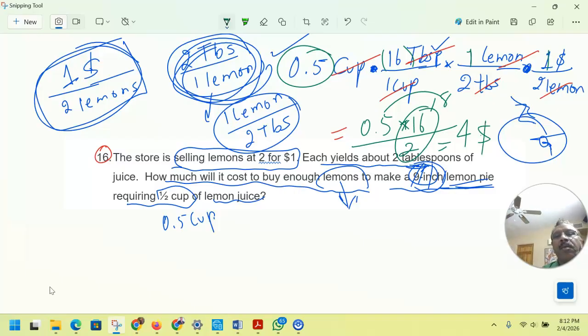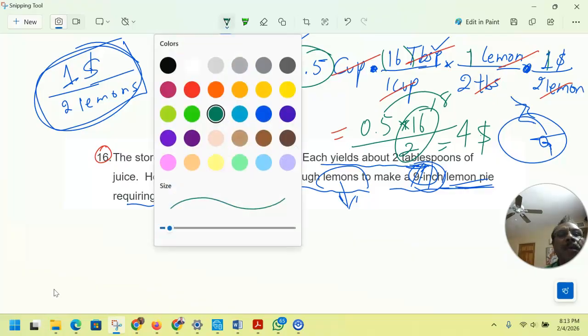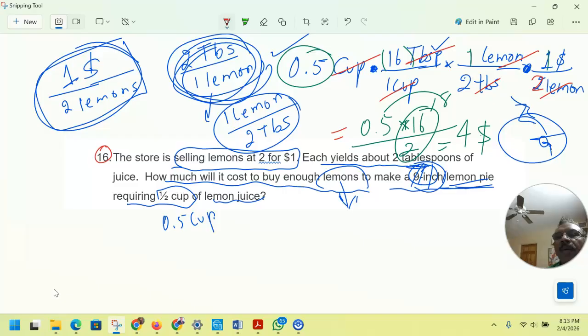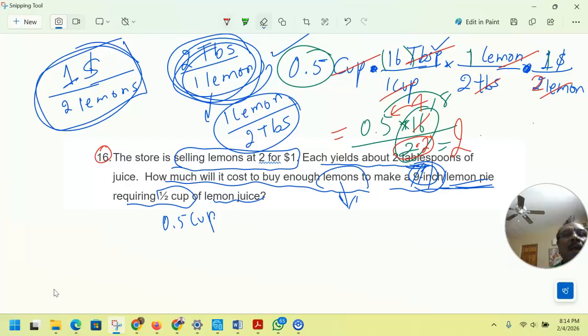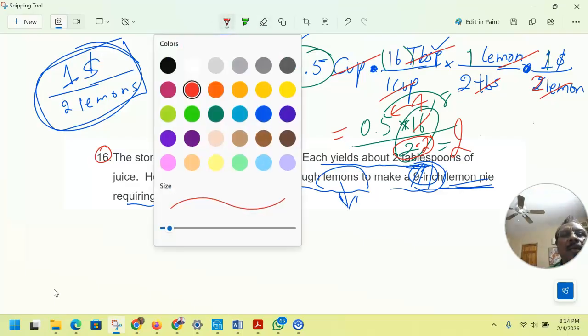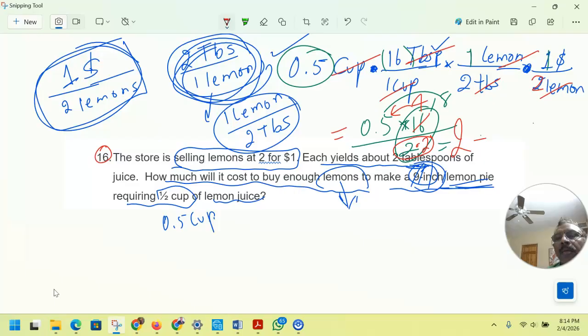Sorry, I missed this 2 here, which I forgot to write. So it is 2 times 2, which is 4. 4 divides 16 four times. And 4 times this will give you $2. So just wanted to make sure that is correct. Okay, so the answer is $2.